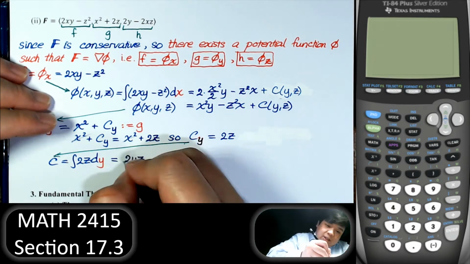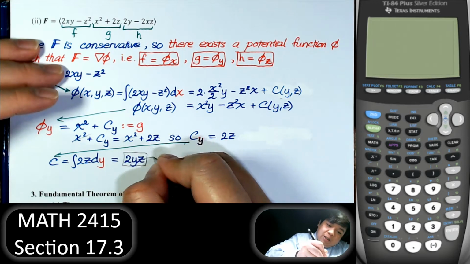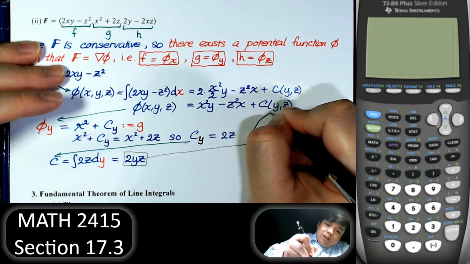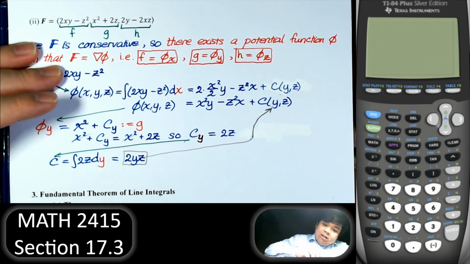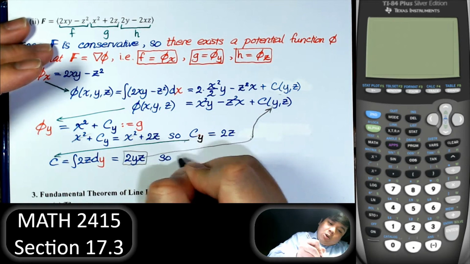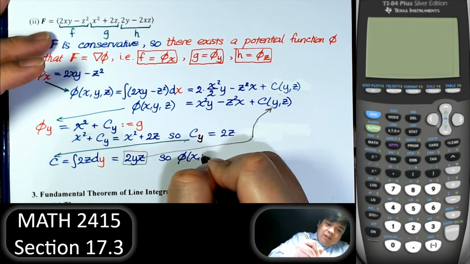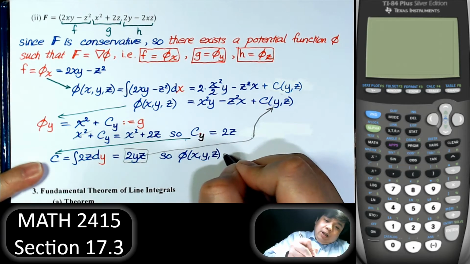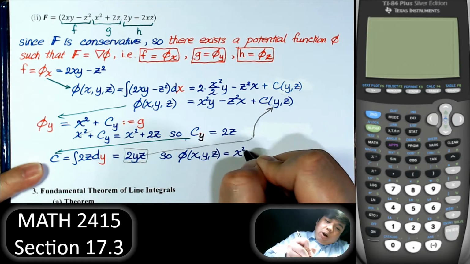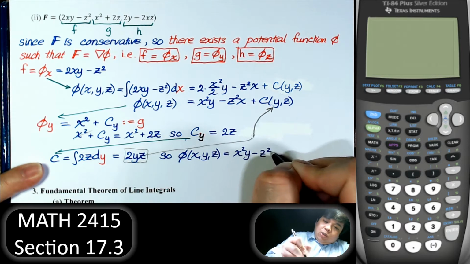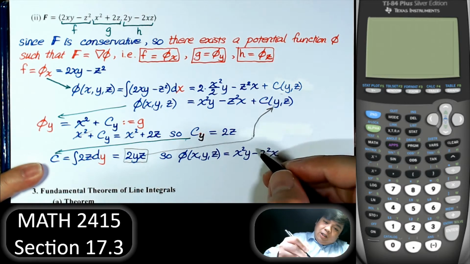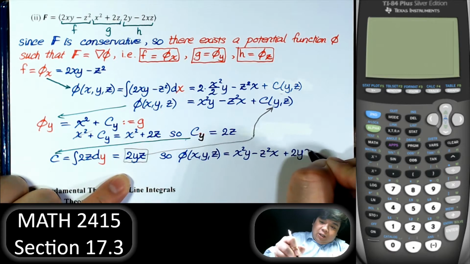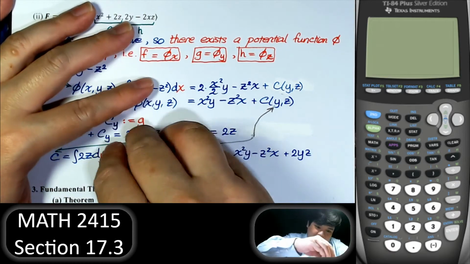Now since we have this, we can put it back in that. So we have the function now equal to x squared y minus z squared x, and the function is 2yz. And I forgot one more thing.